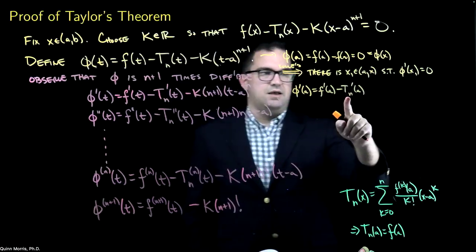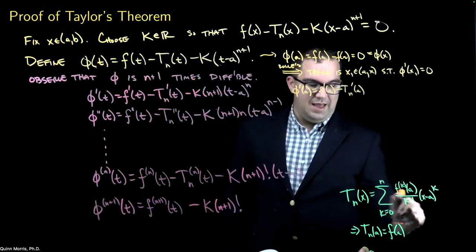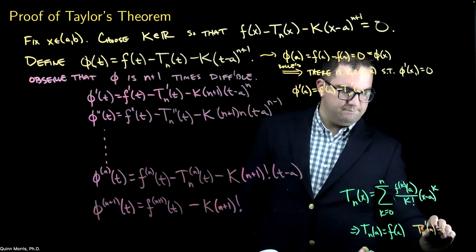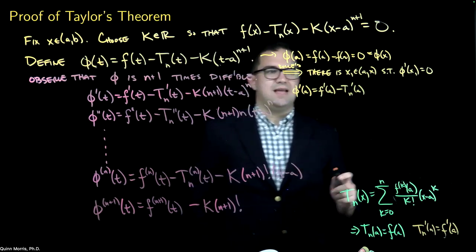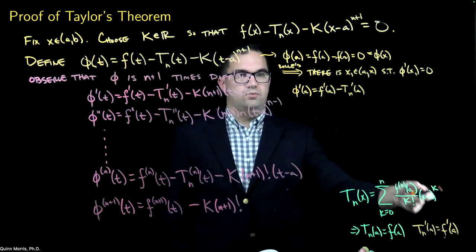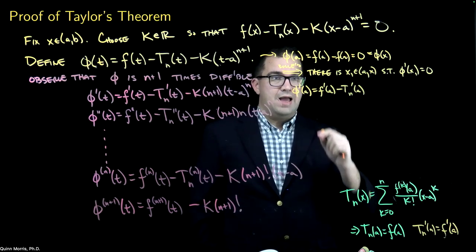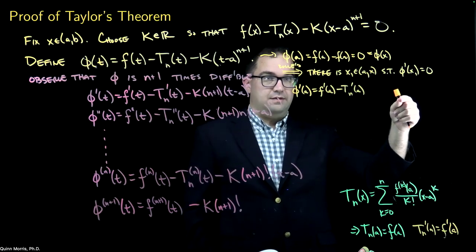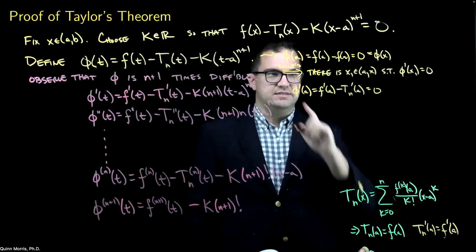But what is t sub n prime of a? Well, if I take a derivative here, I'm going to get that t sub n prime of a is exactly f prime of a. Again, this is a Taylor polynomial. The whole idea of constructing a Taylor polynomial like this is so that the function and the Taylor polynomial have the same value and values of derivatives up to the nth degree. Okay, so this will again be 0.